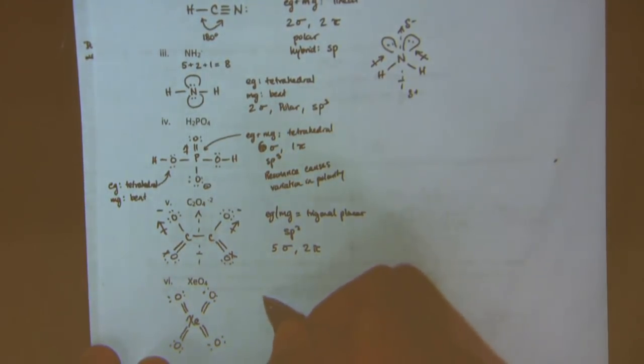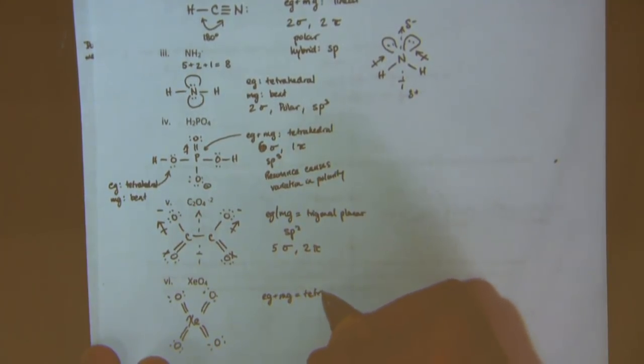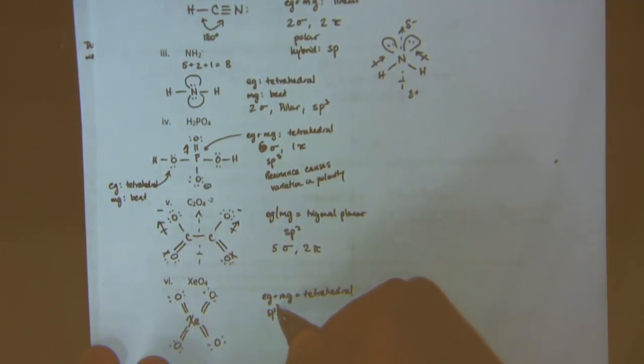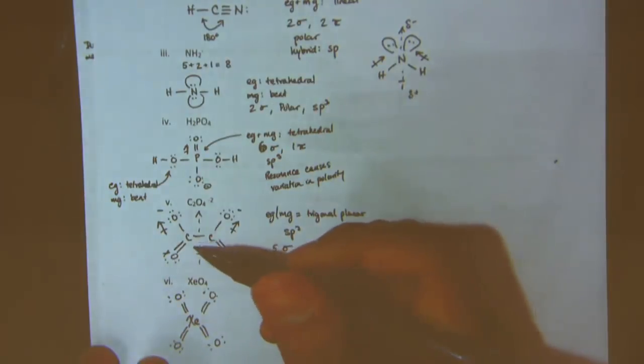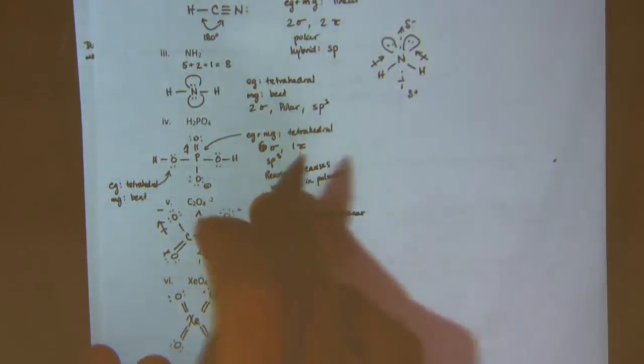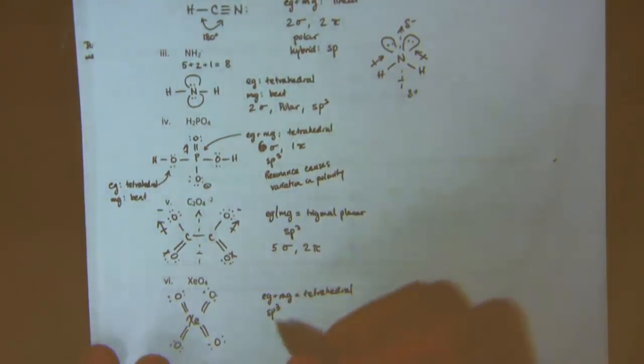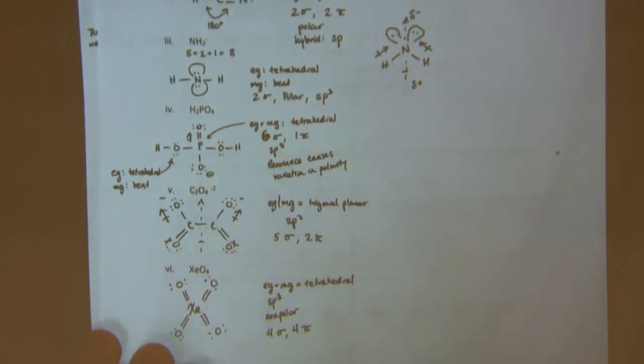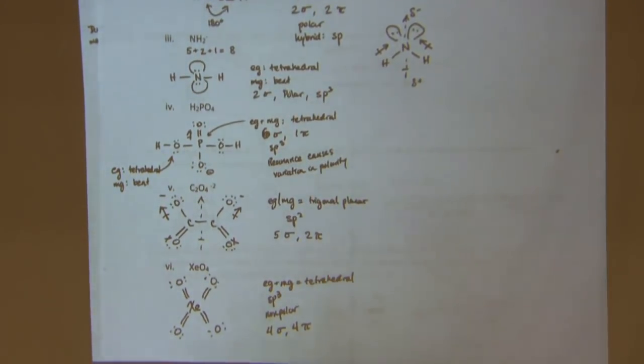And in this case, the electron and the molecular geometry would be tetrahedral. Since there are 4 electron groups, it would be sp3. And if we were to draw the molecular geometry, each of these dipoles would cancel out, so it would be nonpolar. And there are 4 sigma bonds and 4 pi bonds. Make sense? Yeah.